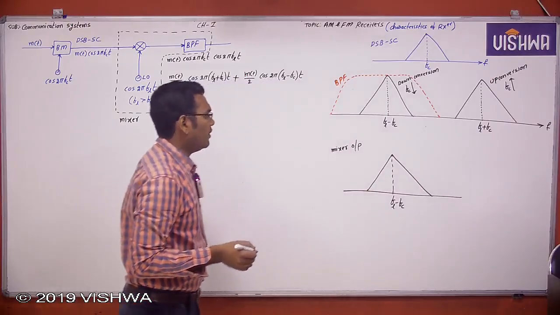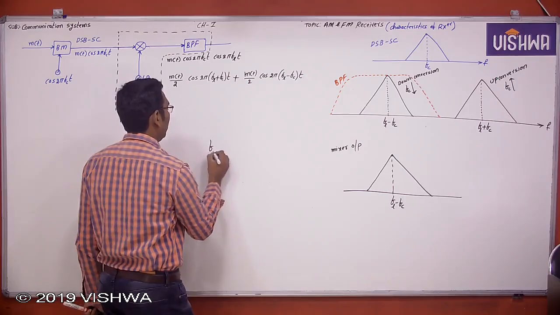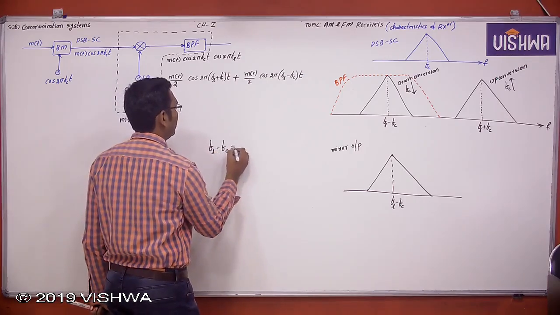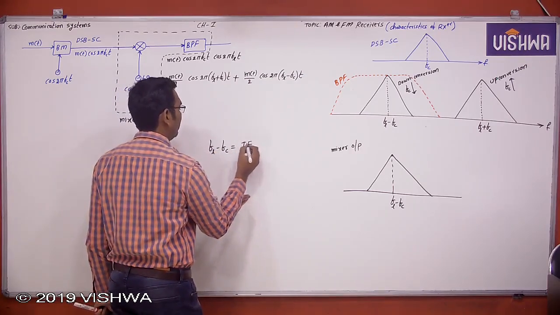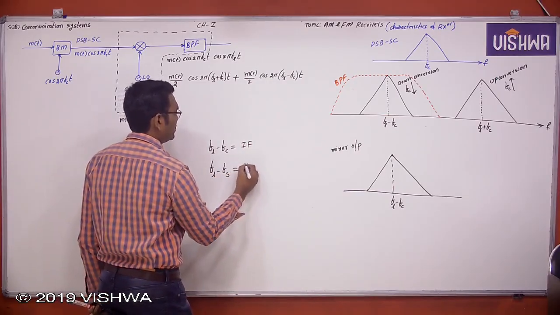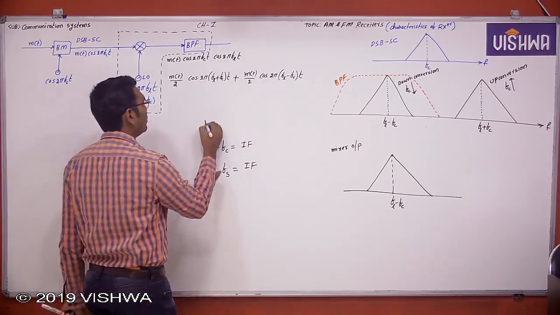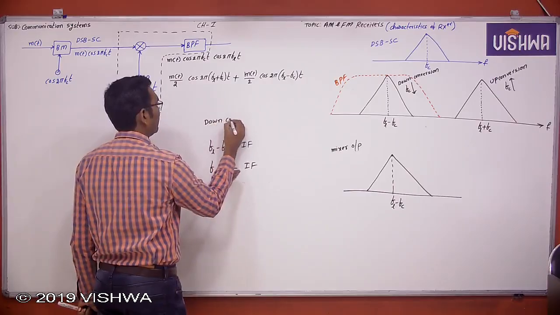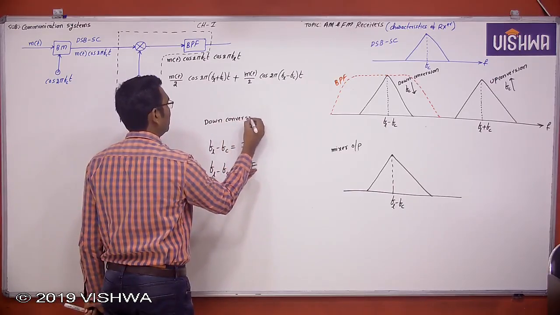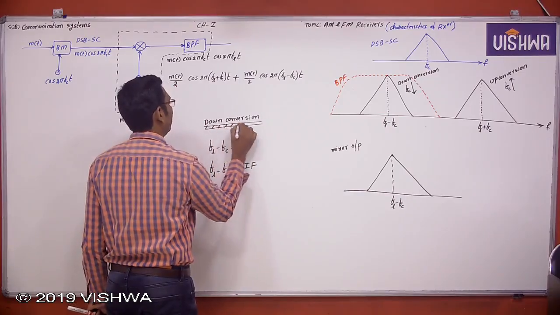Now this is FL minus FC, which is called the intermediate frequency. This is in down conversion: FL minus FC, or FL minus FS.